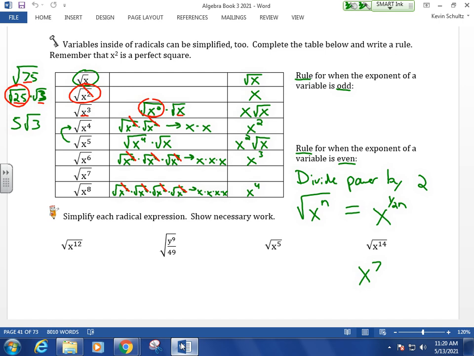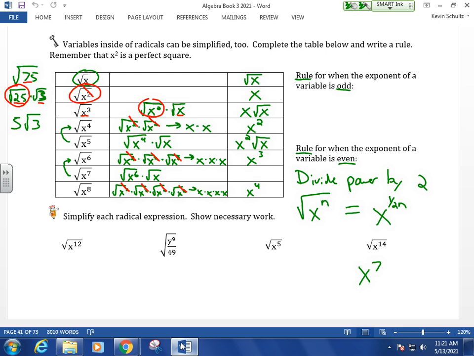The root of x to the seventh. I know that x to the sixth can come out of there. And if I pull out the root of x to the sixth, I'm left with what? The root of x. So I kind of turn an odd exponent into an even one with an extra one added on, right?